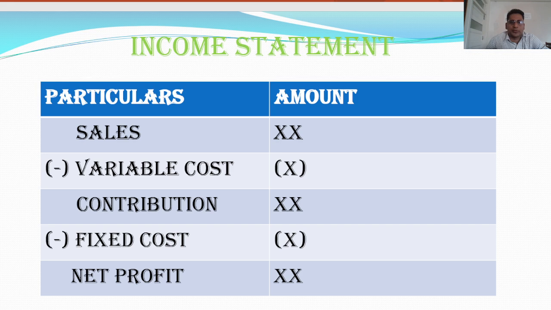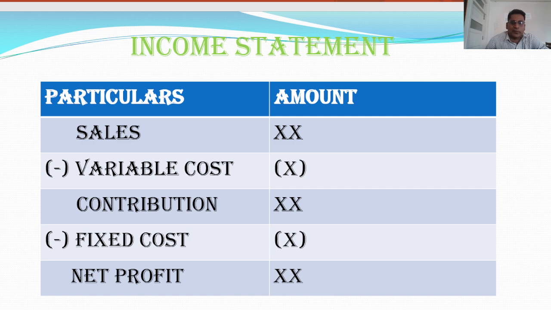Now the second thing which we might have to calculate is the break-even point. Break-even point is a situation where there is no profit, no loss. It means our income is equal to our expenditure. So what is the formula for break-even point? Fixed cost upon PV ratio into 100.